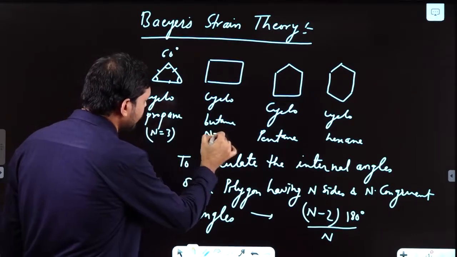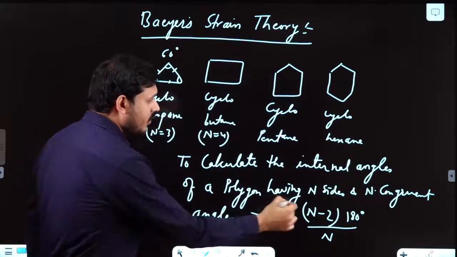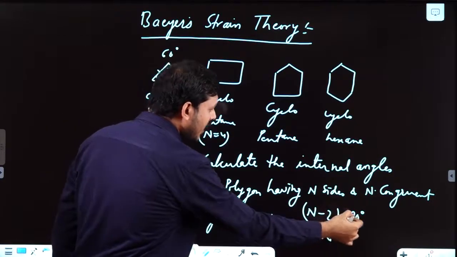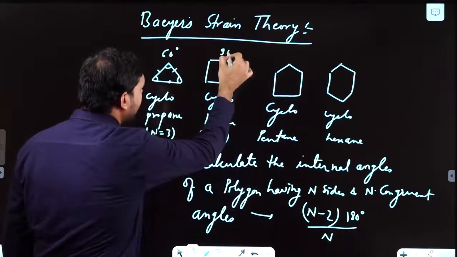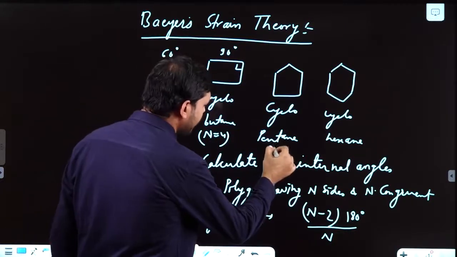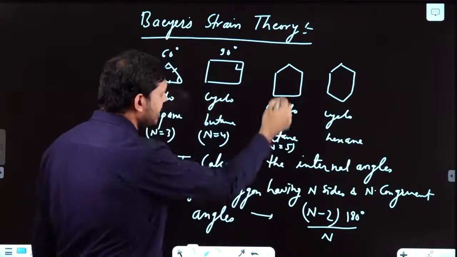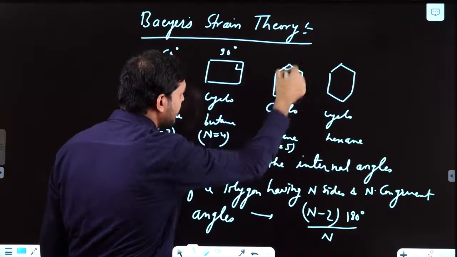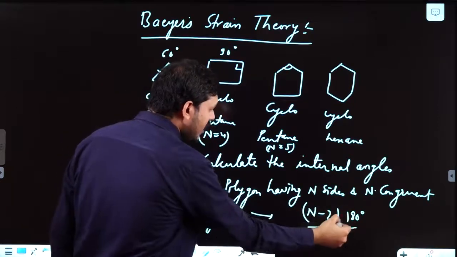Similarly, here n equals 4 sides. So the interior angle will be 4 minus 2, that is 2, into 180, that is 360 upon 4, which is 90 degree. Next, here n equals 5. For 5 sides and 5 interior angles, this angle will be 5 minus 2, that is 3, into 180 upon n.